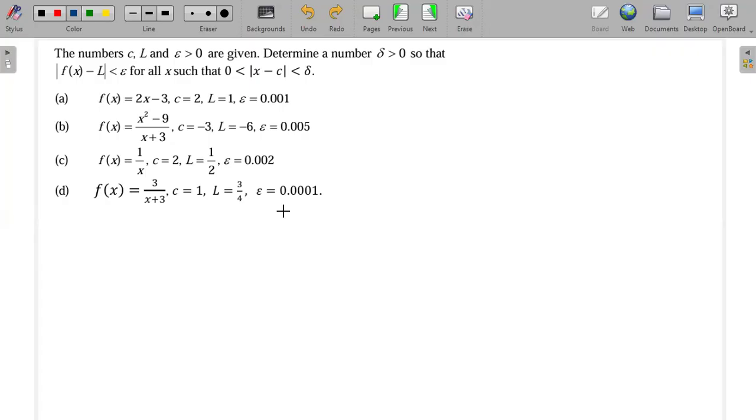Now the question reads: the number c, L, and epsilon greater than 0 are given.